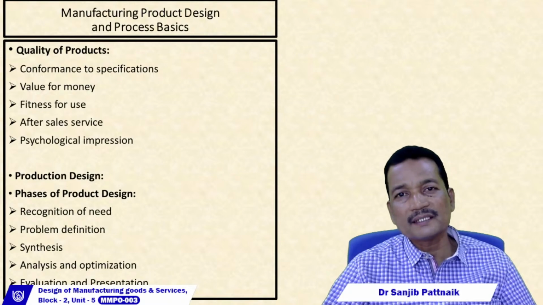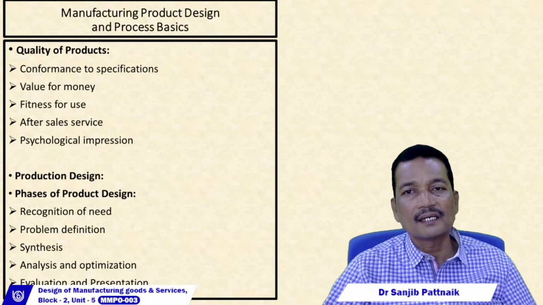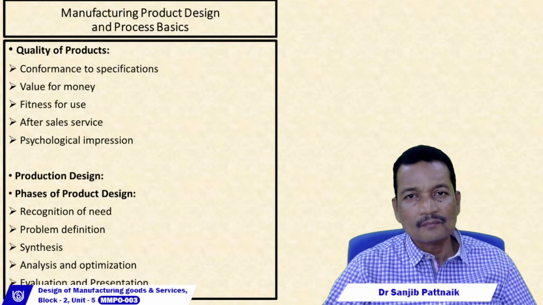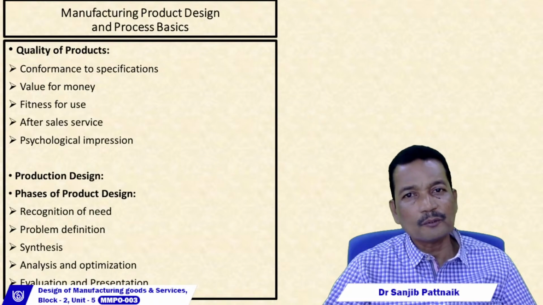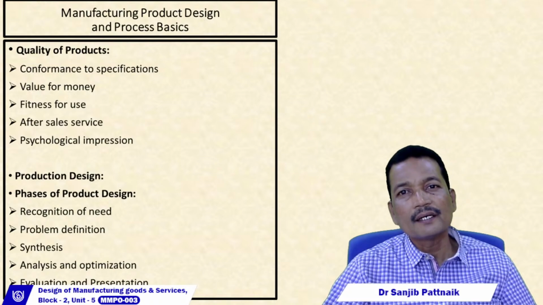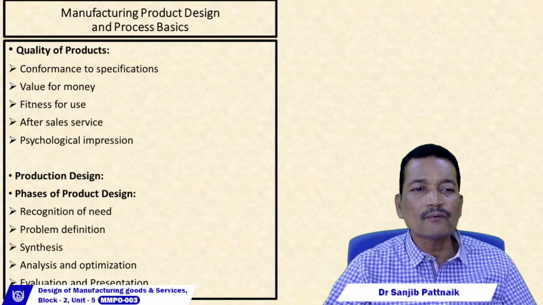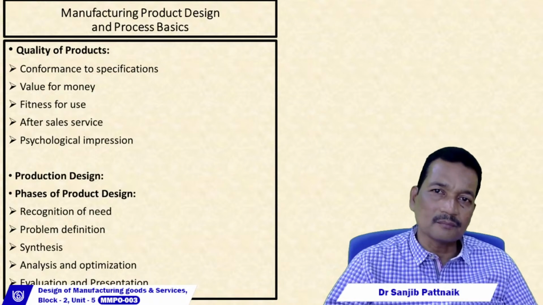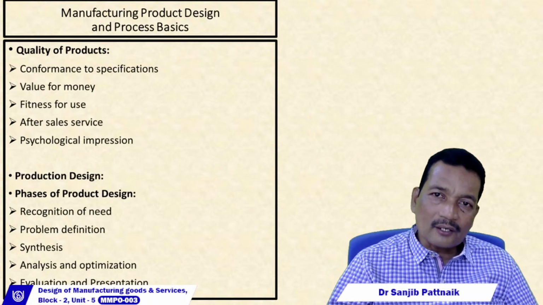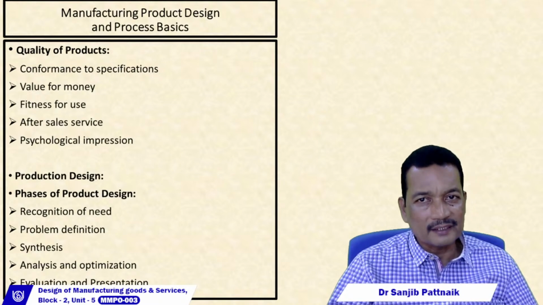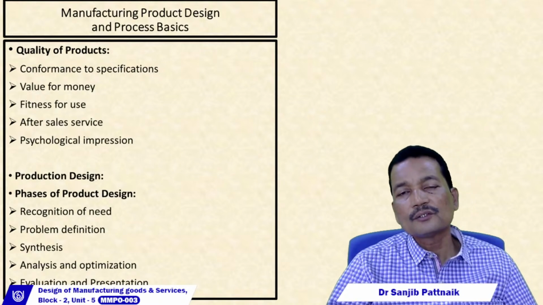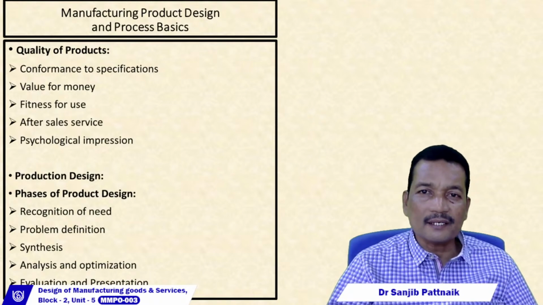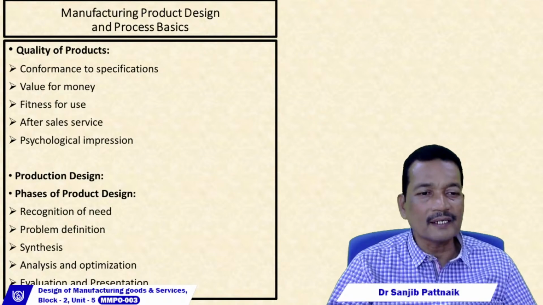So, what kind of design shall we use so that the quality of products is better? Because in order to produce any product, there may be various different types of production or conversion systems. So, according to the product that will be designed, the production should also be designed so that it will produce according to the specification or maintain quality.